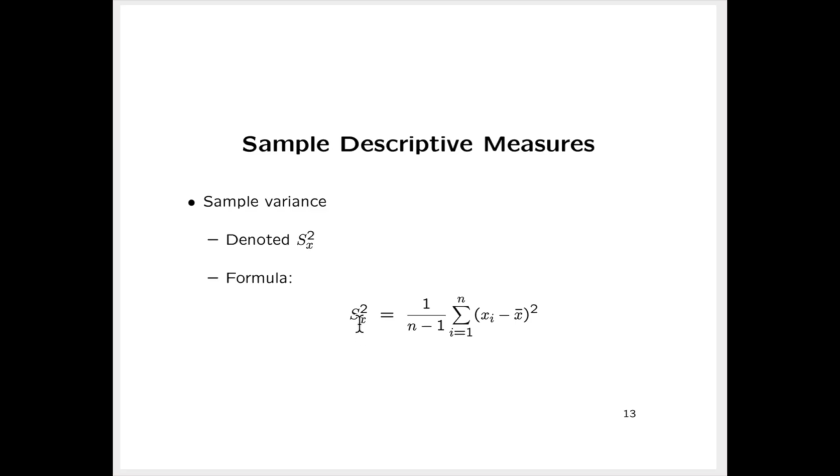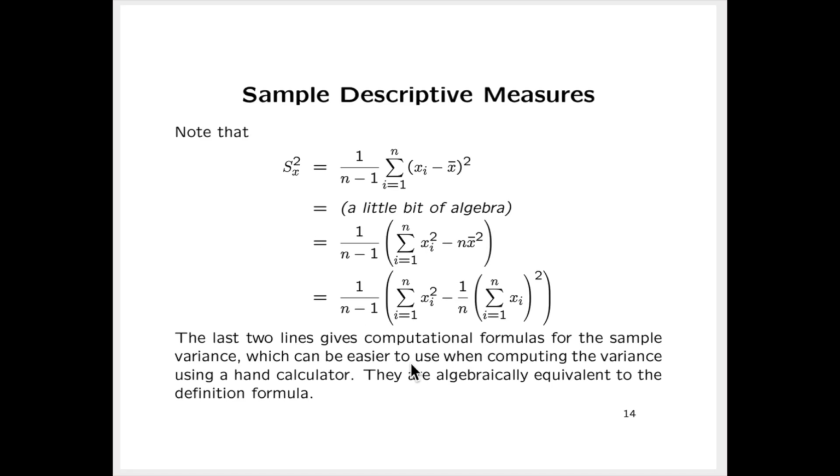We don't always have to have a subscript, but if you've collected more than one variable in the sample, maybe x values and y values, then we may want to differentiate the variance of the x's from the variance of the y's in our notation. So we could have s squared sub x, s squared sub y.